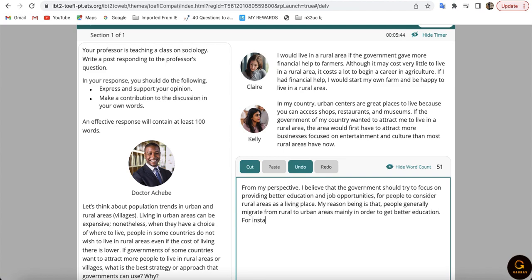For instance, urban areas have better schools, big buildings, and Ivy League universities, which provide far better education than the undeveloped schools in countryside areas.